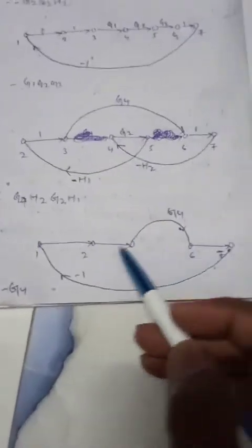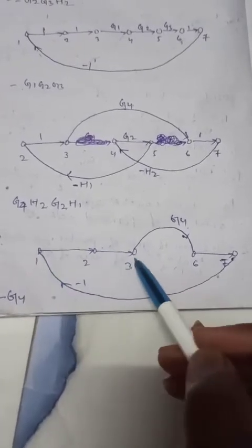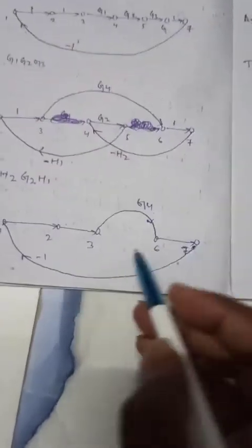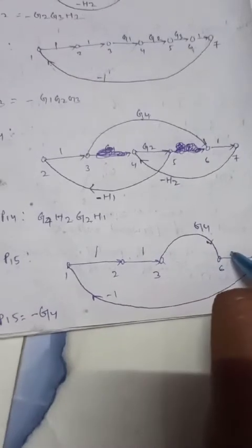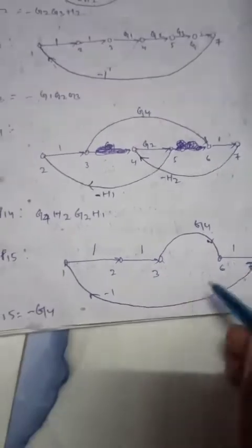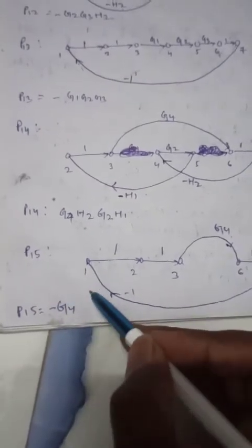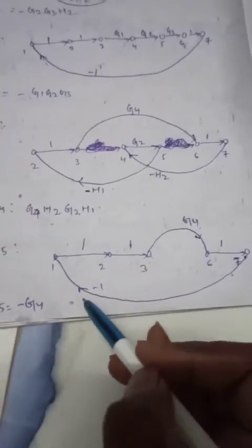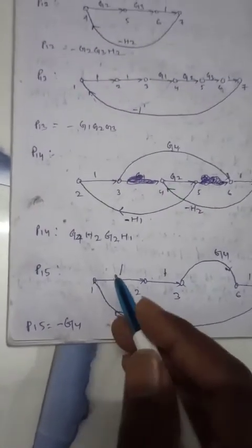P15 is the fifth individual loop: 2 to 3, here G4, here 6 to 7 and minus 1. The path gain is 1. Clear? So the product of all the path gains individually is P15 equals 1 into 1 into G4 into 1 into minus 1, that is minus G4.